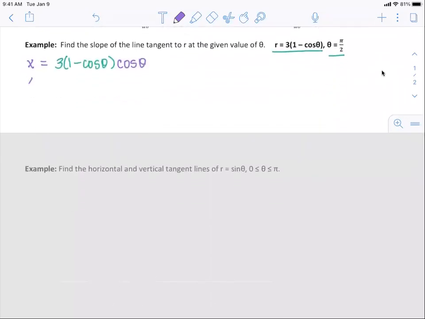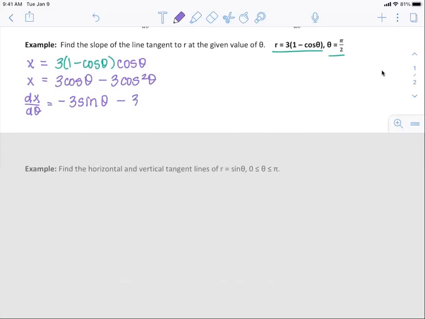So if we clean this up a little bit, we're going to get 3 cosine times 1, so that's 3 cosine theta, and then 3 cosine times negative cosine theta, so that's minus 3 cosine squared theta. Okay, so now we need the derivative, dx d theta. So that's going to be negative 3 sine theta. Now we need to use the chain rule here.